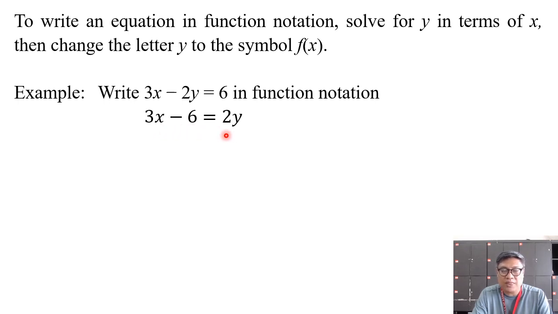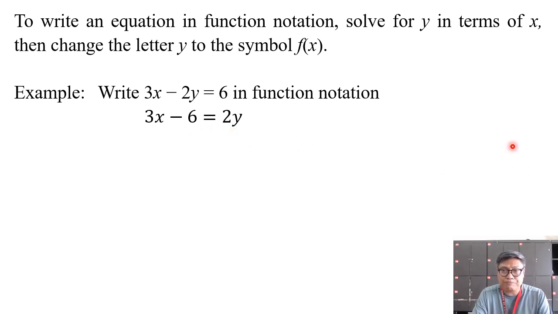In this case, I just transpose negative 2y to the other side to become positive 2y. Then we have already isolated your variable y from your variable x. Since our purpose here, class, is to isolate the variable y, we divide both sides of the equation by 2.